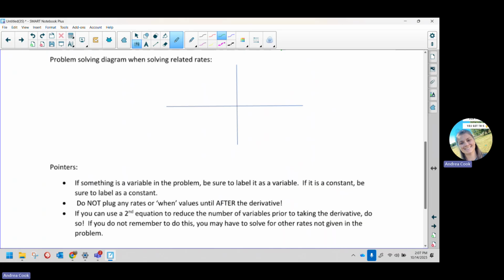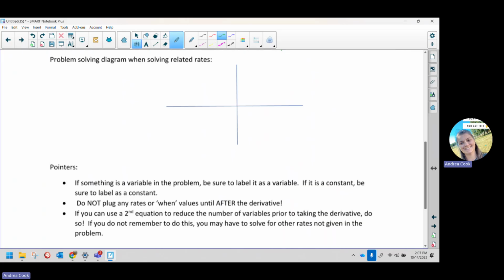All right, so we teach these word problems using this little chart to help you organize your work. Do you have to use this chart? No. It is just a tool that might help some of you organize your work so you don't forget a step.